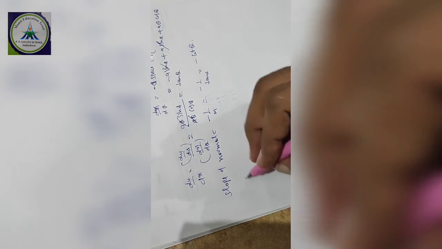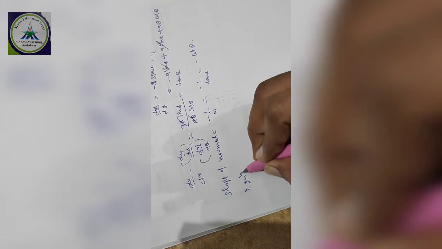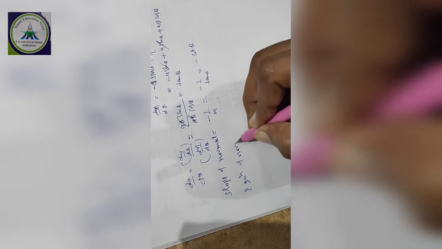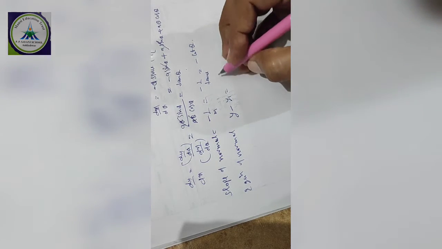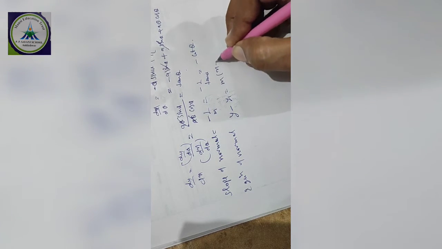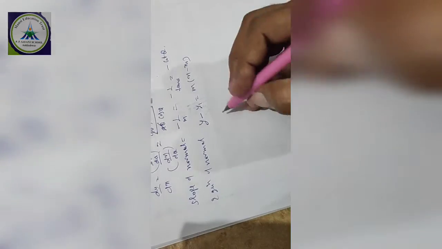Equation of normal: y minus y1 equals slope m into x minus x1, using this formula.